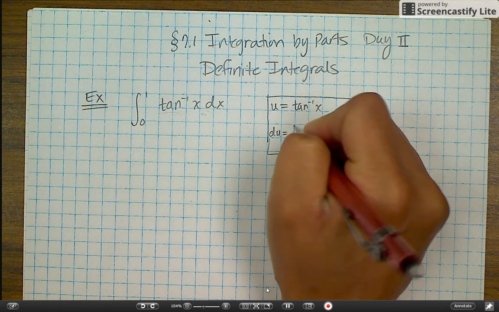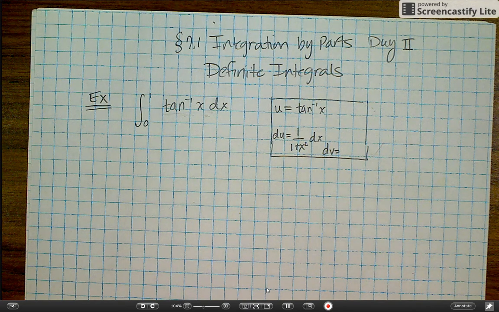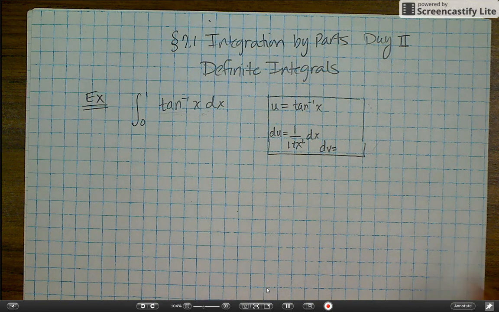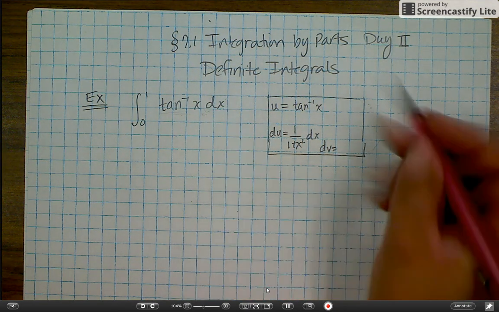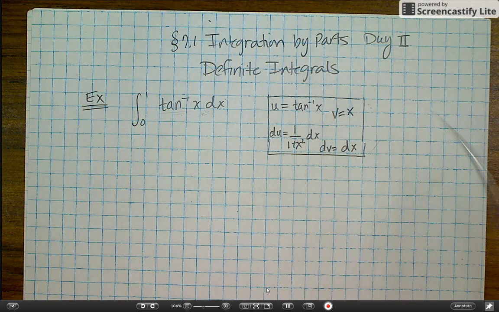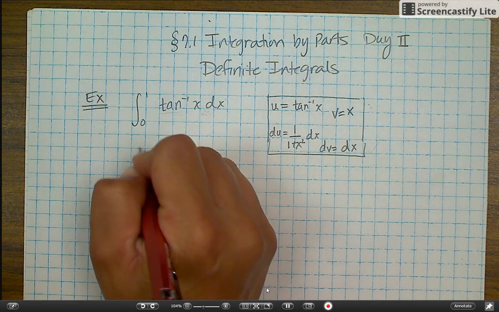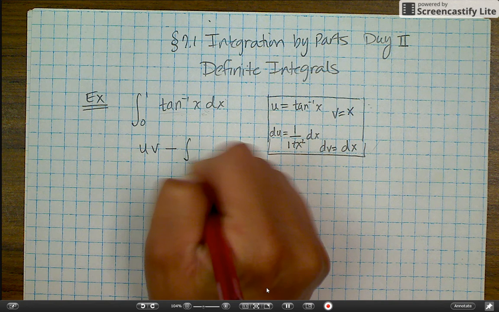It is equal to 1 over 1 plus x squared dx. Now what is left for my dv? It is dx. And so what is v then? That is x.